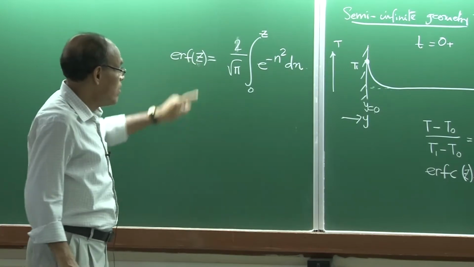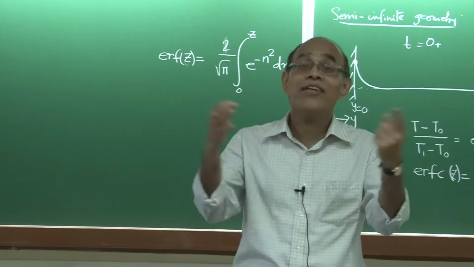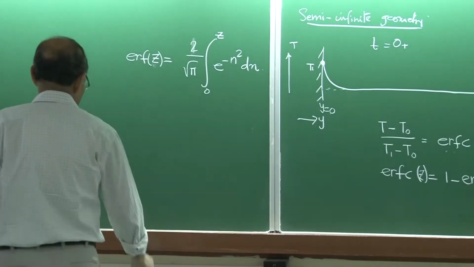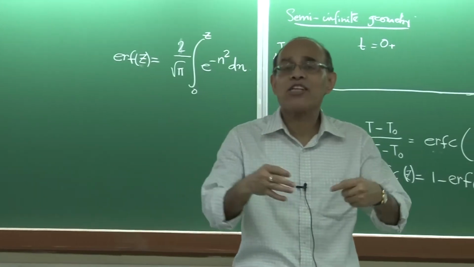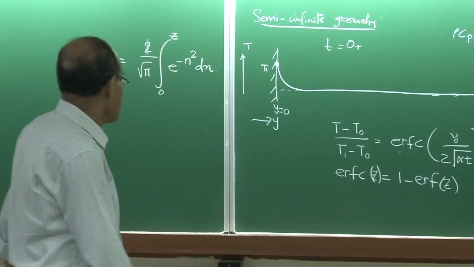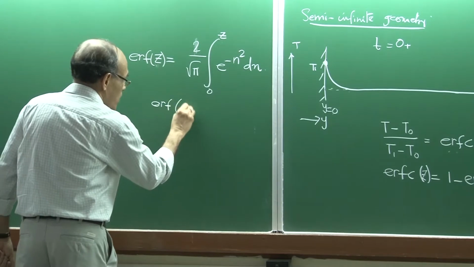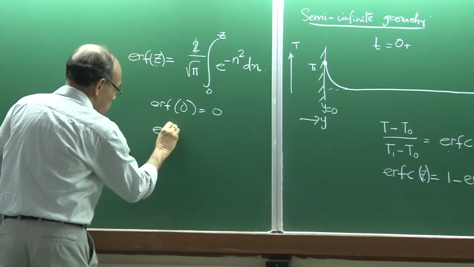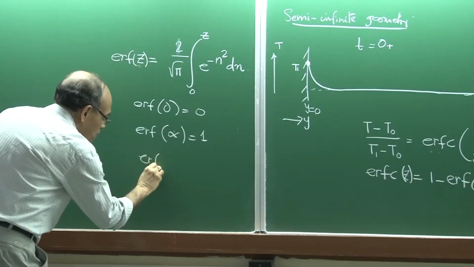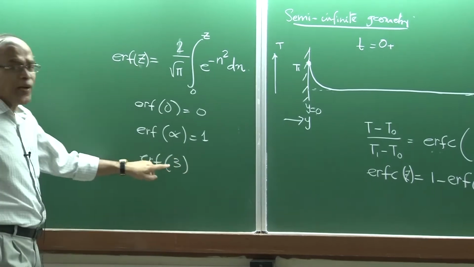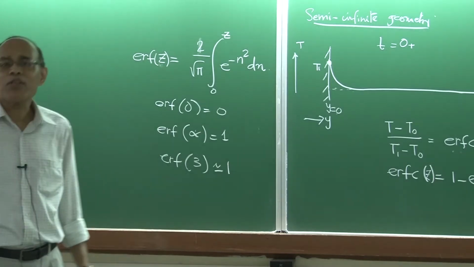Just like you have a logarithmic table available to you, you also have an error function table available, and you can give a search word on error function and see what the values of the error function are. For example, error function 0 is equal to 0, error function infinity is equal to 1, and for all practical purposes, if the argument becomes 3 or greater than 3, we will treat it to be equal to 1, for the sake of simplicity.